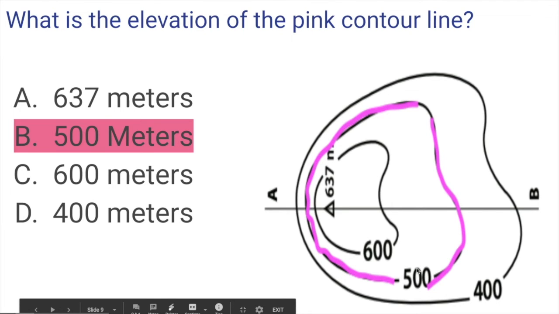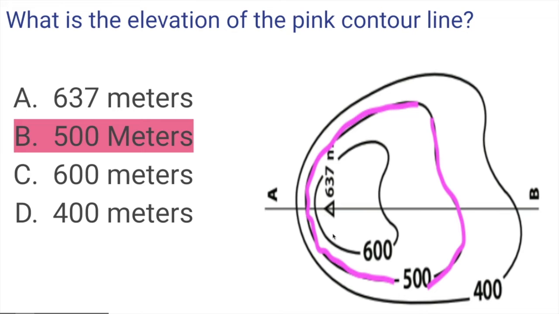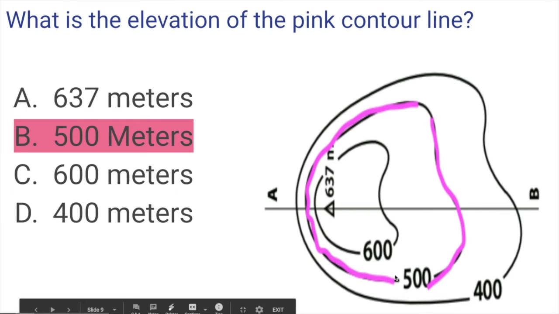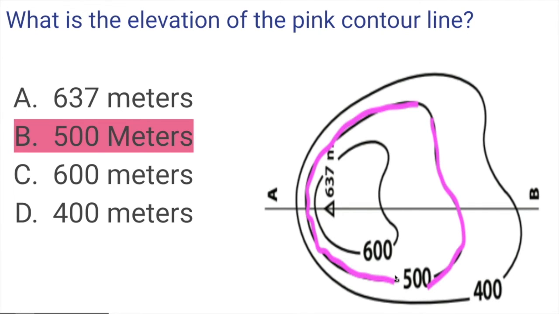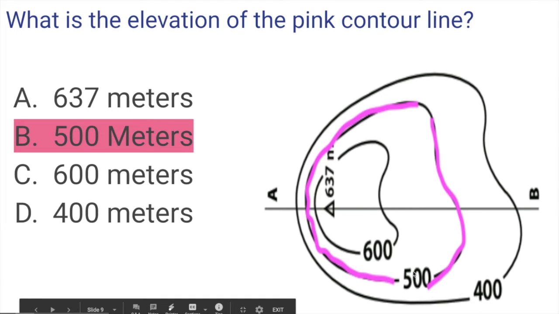We know that the elevation of this contour line is 500 because each individual contour line has a number that tells us how high the mountain is above sea level. The elevation for the pink contour line is 500.